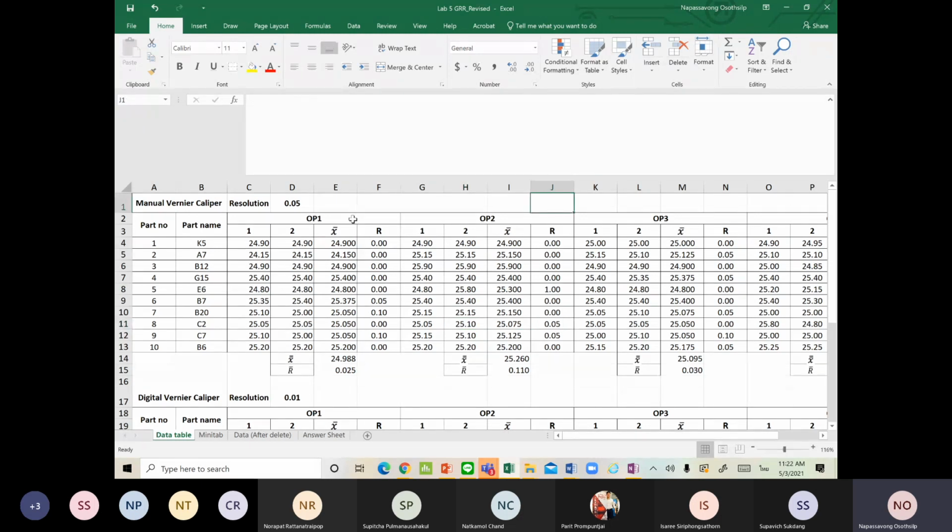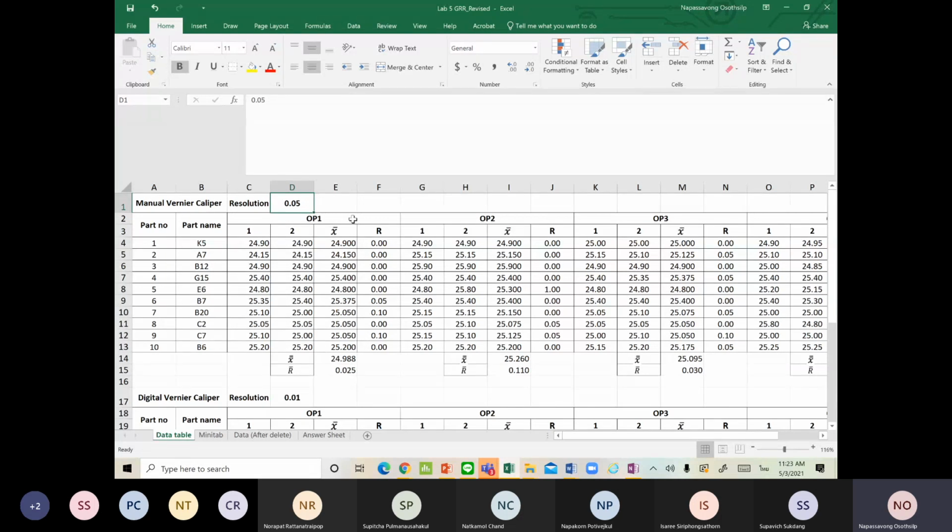If the resolution is 0.05, he cannot tell 25.05 from 25.06, because the minimum difference for each measurement is 0.05.